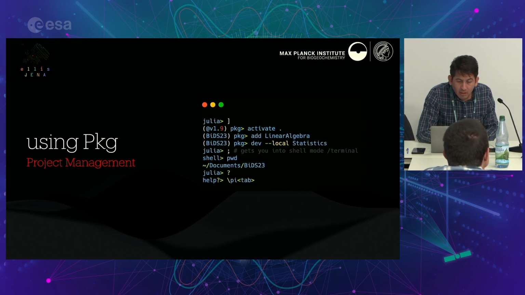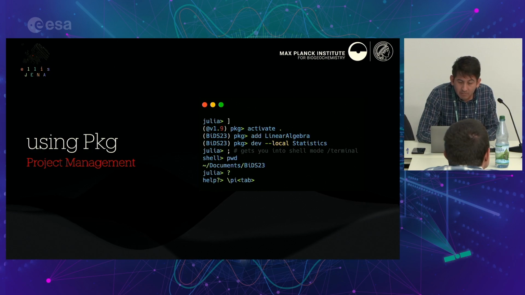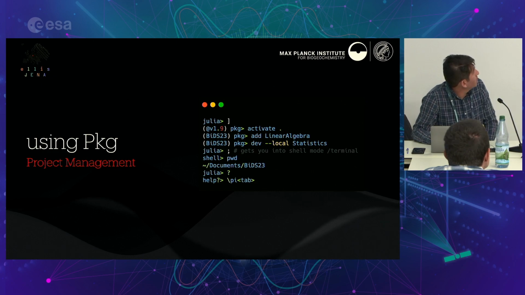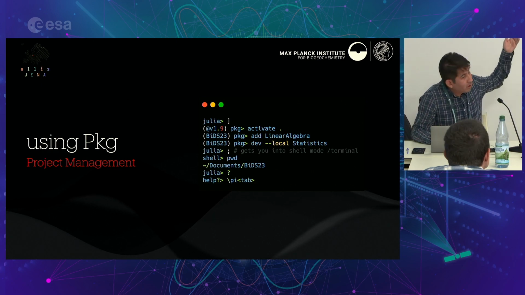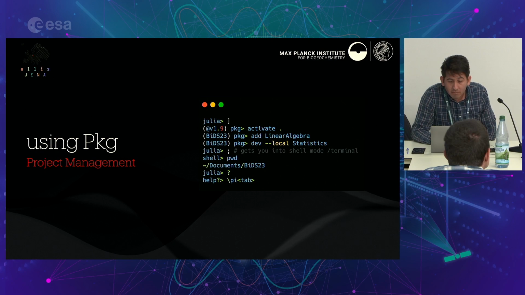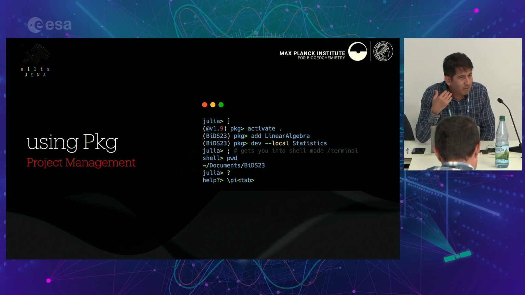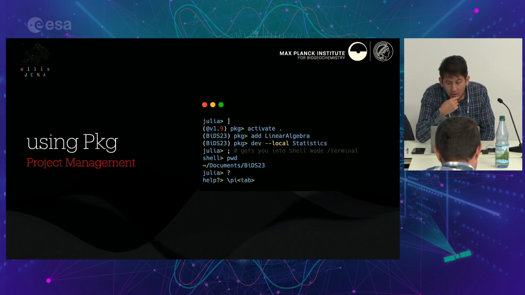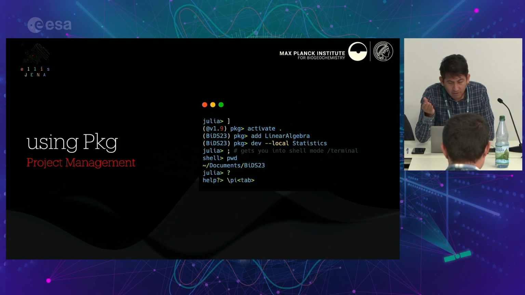As I was saying, we will talk about the package manager later. For now, this is just a quick overview of the things that you will do. So it's basically you go to one of your directories, you activate the project so that it's isolated from all the global environments. You start adding packages, for instance, LinearAlgebra.